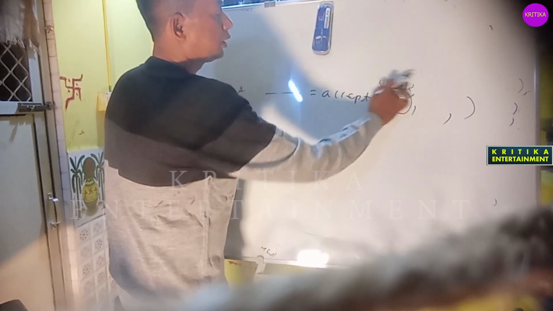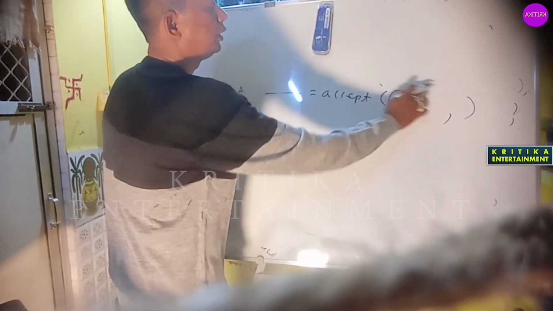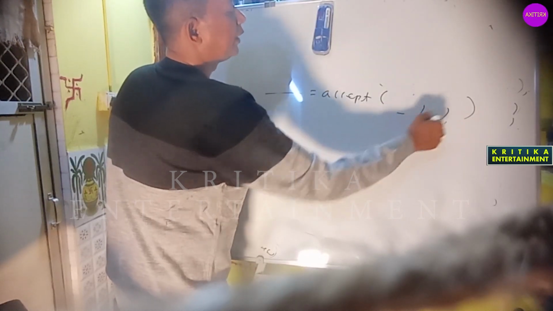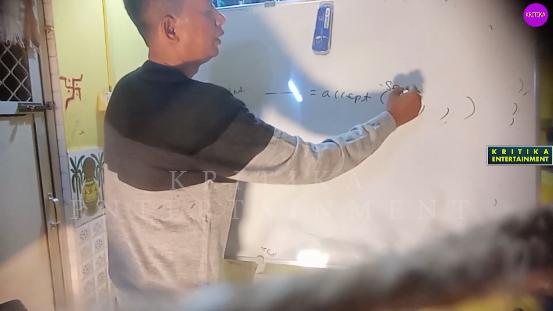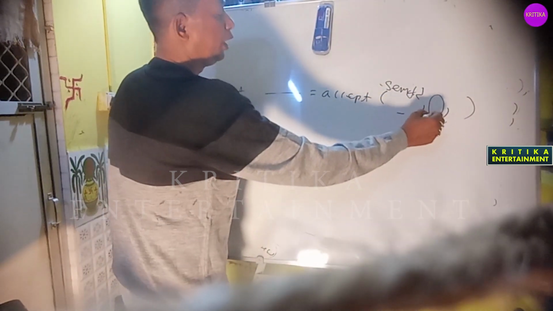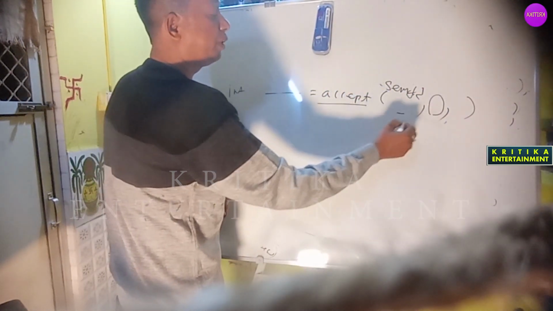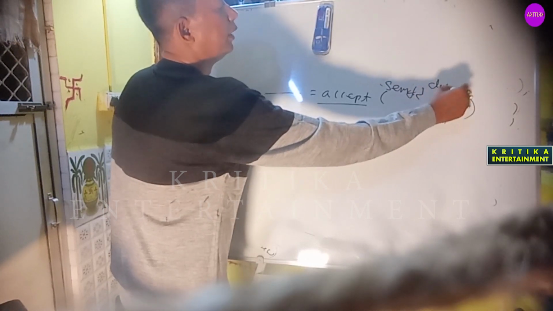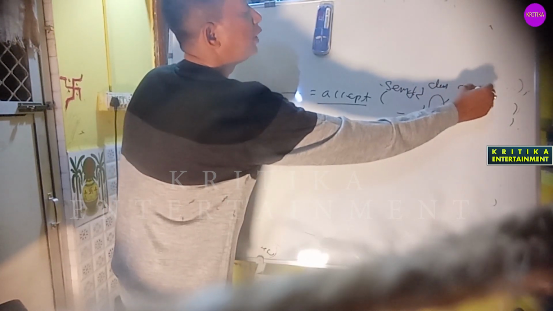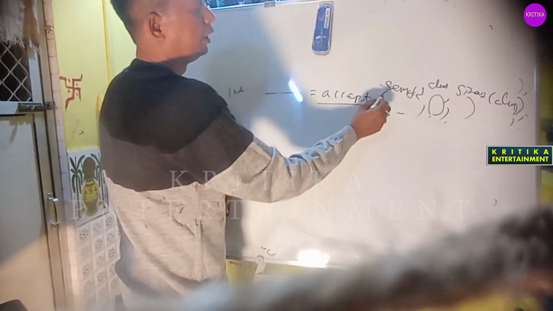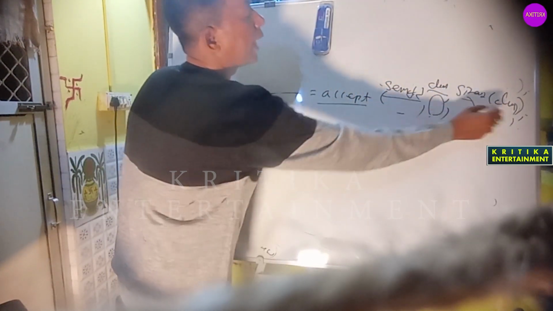Sorry, this is called your server FD. Second is the client, because the accept function will accept the details of the client. So here you will write the client. Then what is the size of the client? Size of client you have to write. Server FD, client, then size of client.